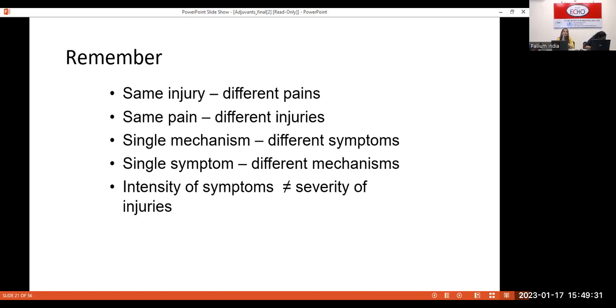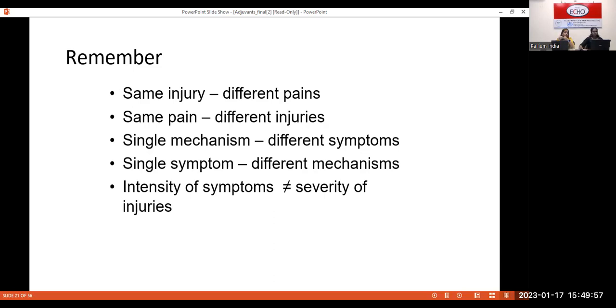So it can have different diagnoses, and there can be multiple symptoms, multiple mechanisms. And you cannot relate the intensity of pain to the intensity of injury. You cannot say that a patient with cancer will have more pain, a patient with diabetes less pain. No, it is not at all related to the extent of injury.